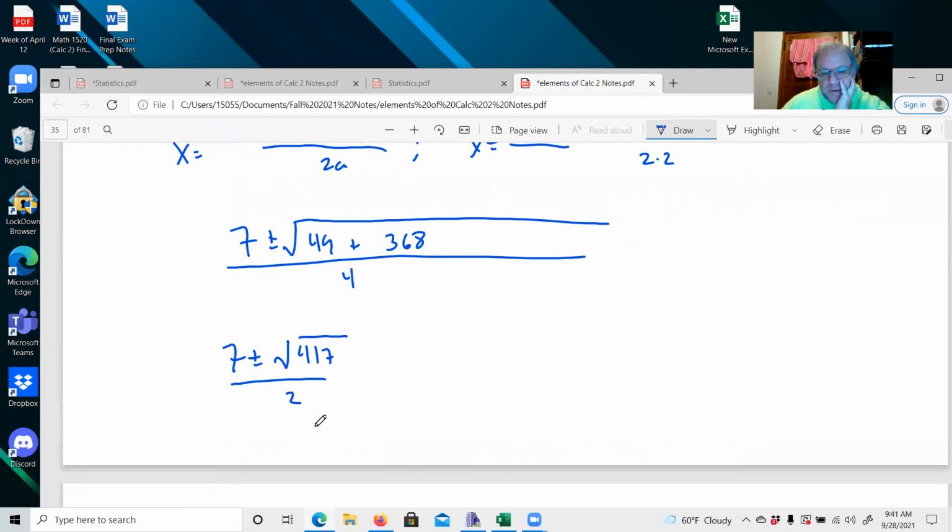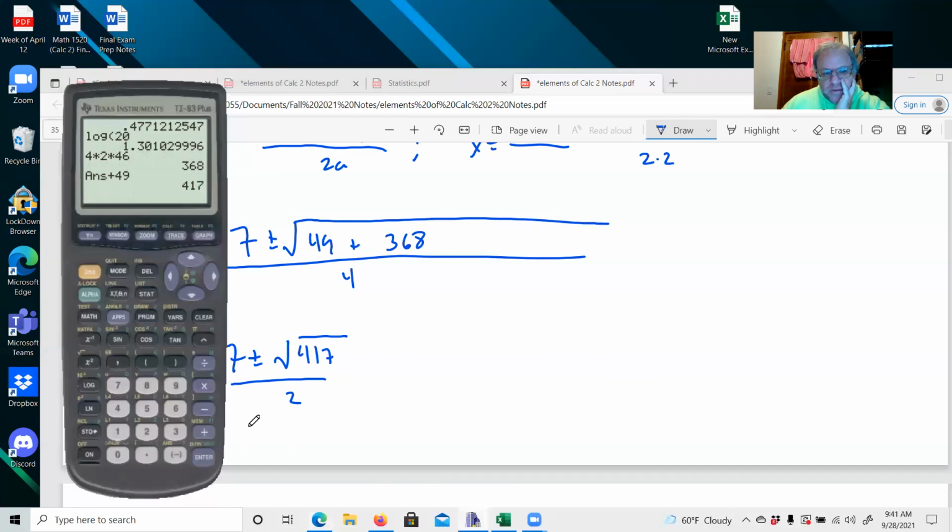Although it is divisible by 3. So let's see, if we divide by 3, what do we end up with? 139. That's not divisible by anything. That's not going to work.